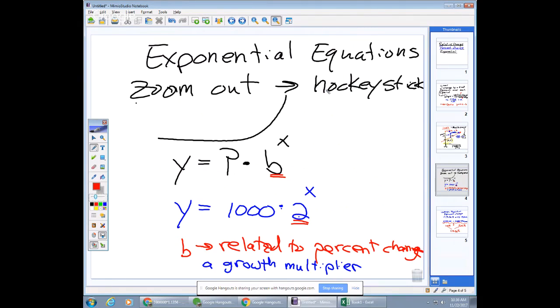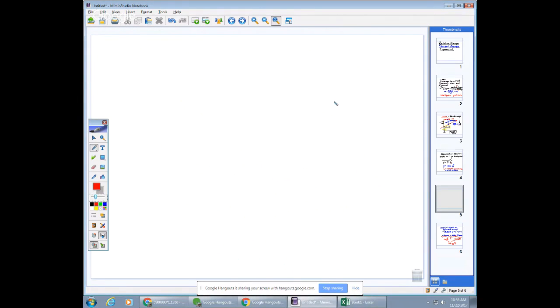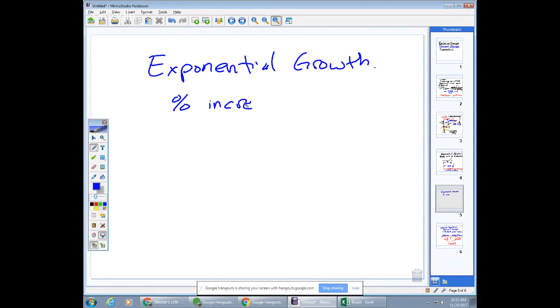So what that means is, for exponential growth, if you start with a percent increase, and let's just call it R for rate, then the base for the exponential model is always going to be 1 plus whatever R is.